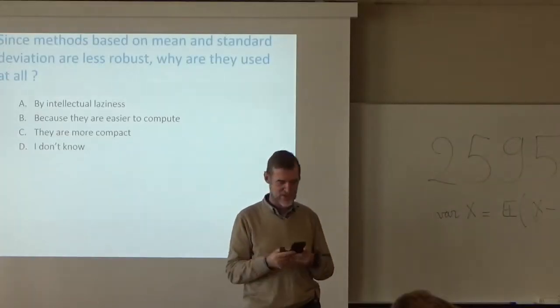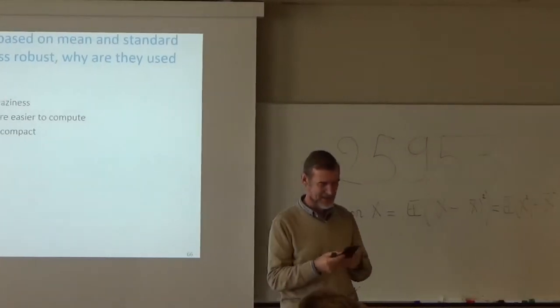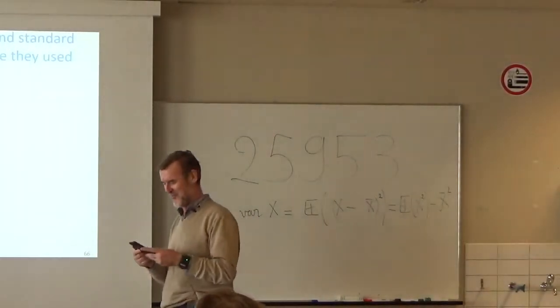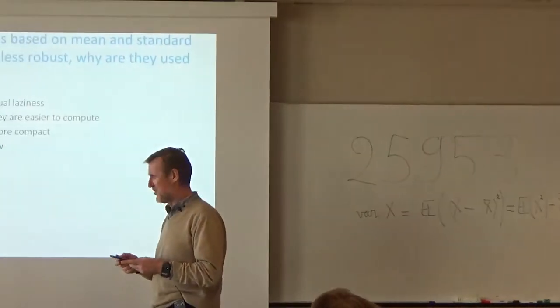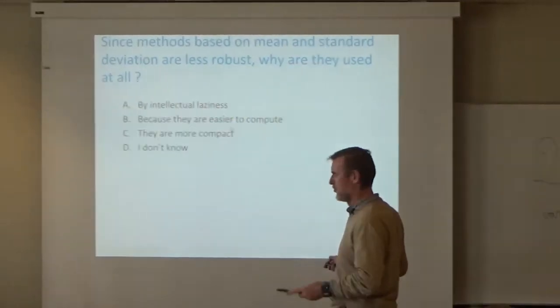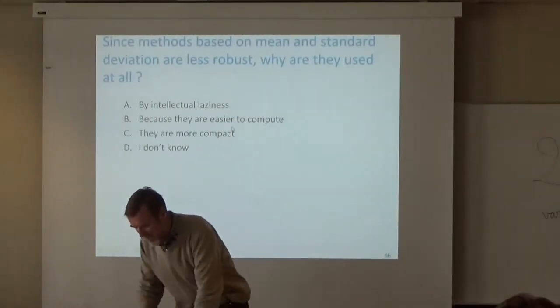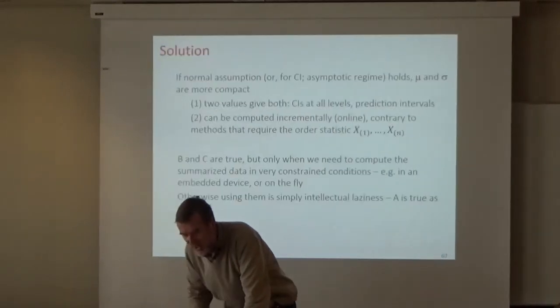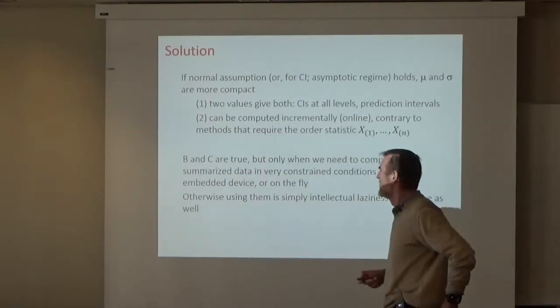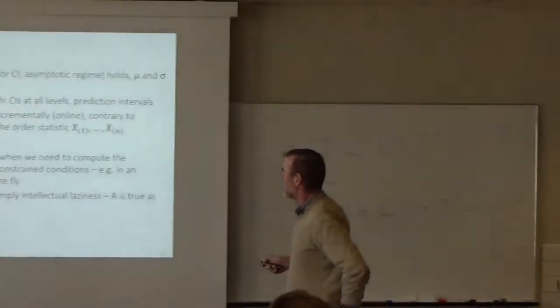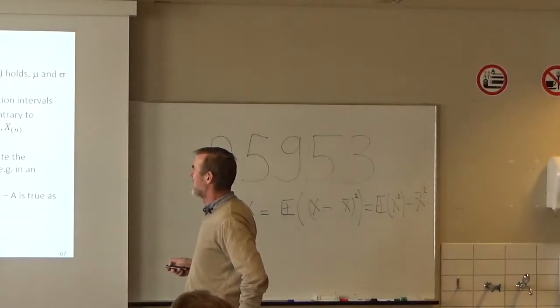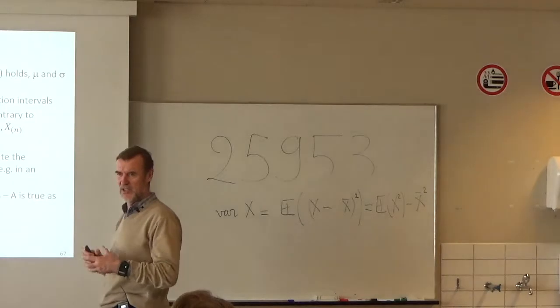So 20% still believe that it's by intellectual laziness, which might be right, and 60% believe it's because they are easier to compute, and that is probably the good argument. When we need to compute summarized data, then this can be easily aggregated, as I discussed already.